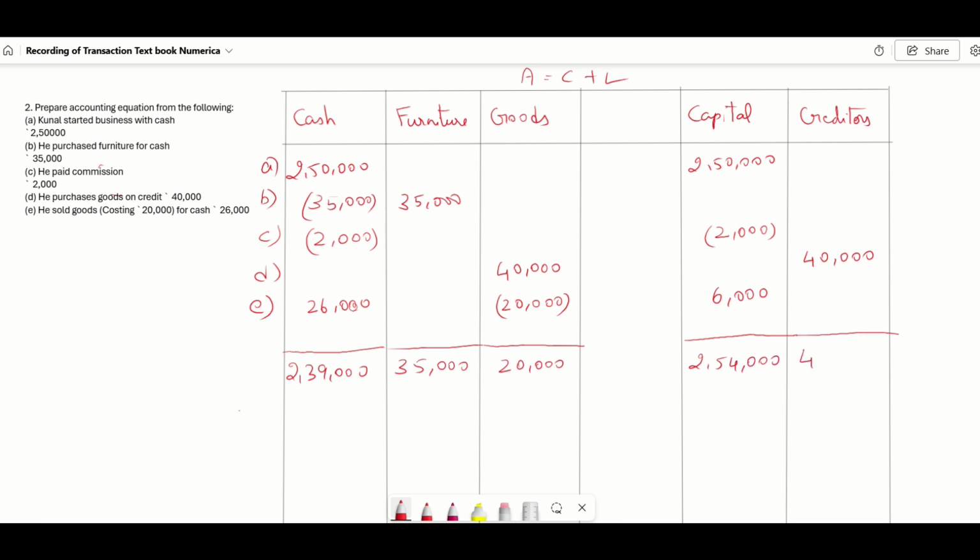Creditors at 40,000. Now this is capital, this is liability. All these are assets. Okay. Now if you add all this, this comes up to 2,94,000, and same this side as well. Now asset is equal to capital plus liability, hence the accounting equation is tallied, right?